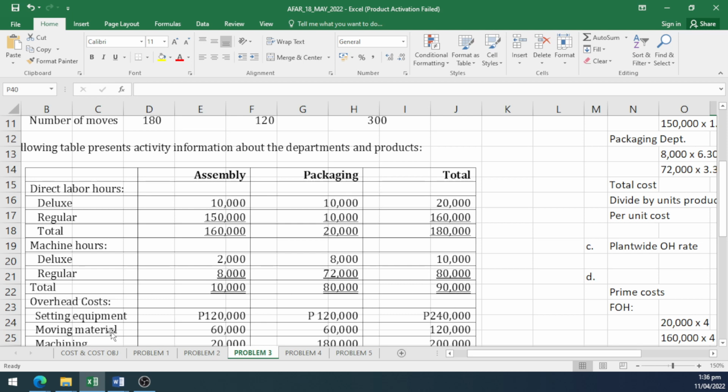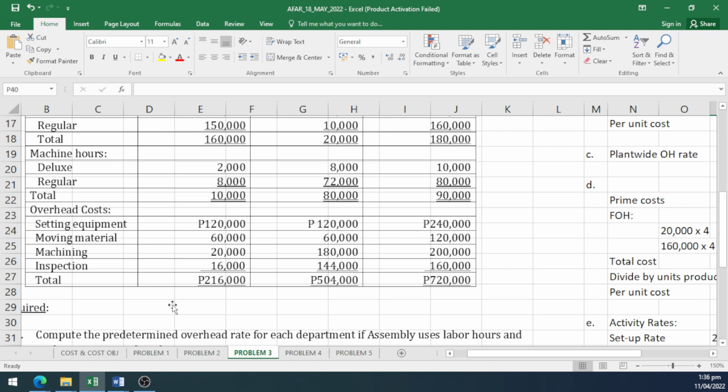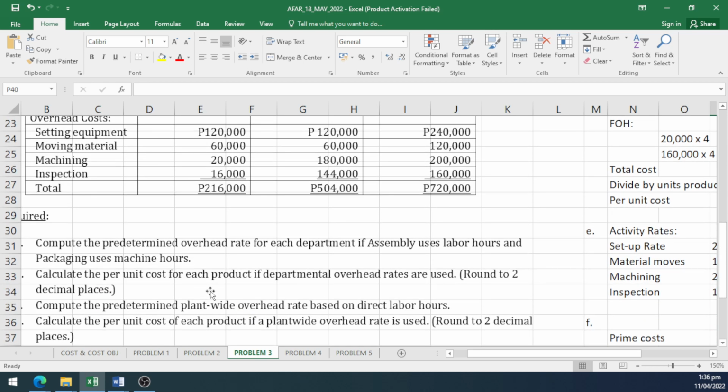Yan. And then ito po yung total overhead cost. The total overhead cost is 720,000. Compute predetermined overhead rate for each department if assembly uses labor hours and packaging uses machine hours.